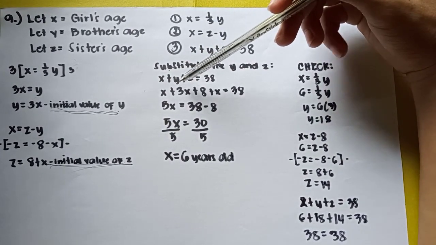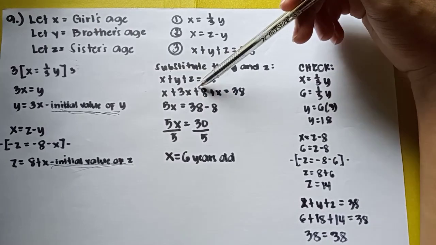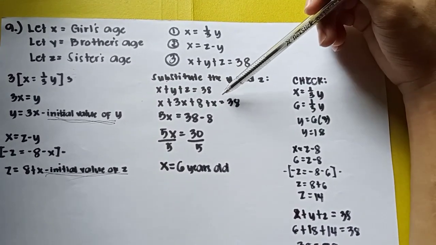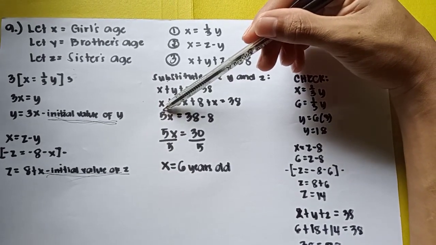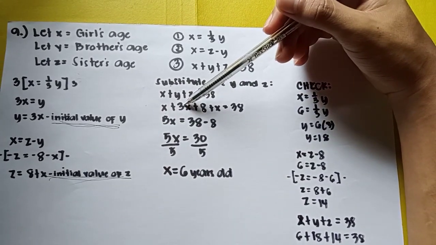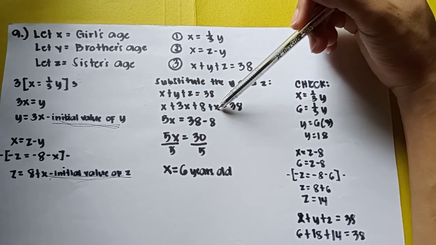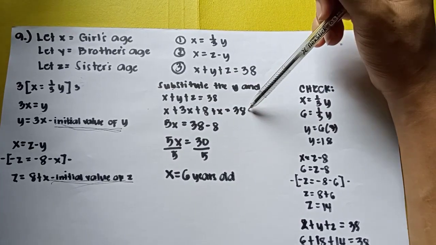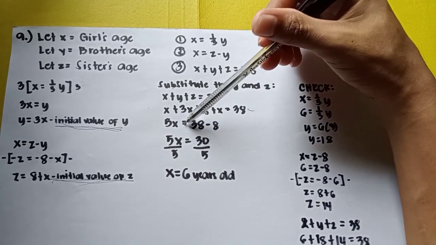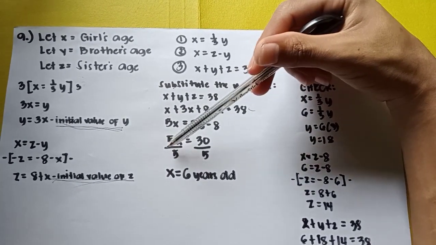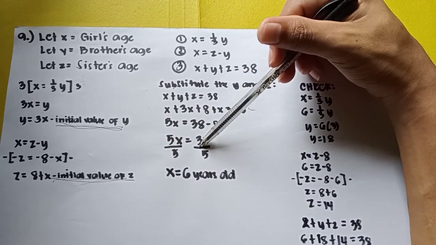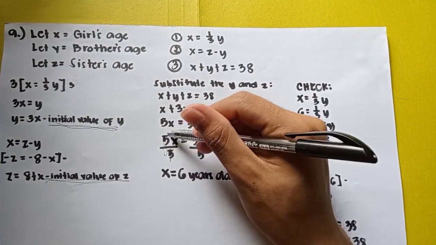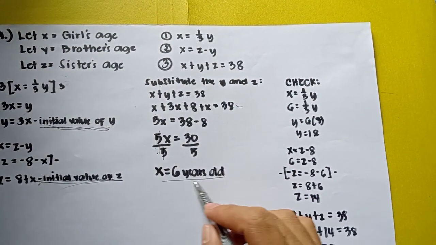So X plus our value of Y, which is 3X, plus our value of Z, which is 8 plus X, equals 38. 3X plus X is 5X, and then transpose 8 to the right side, it will be negative, so 38 minus 8. 5X equals 30. Divide both sides by 5 to eliminate the 5 here. So X is 6 years old.